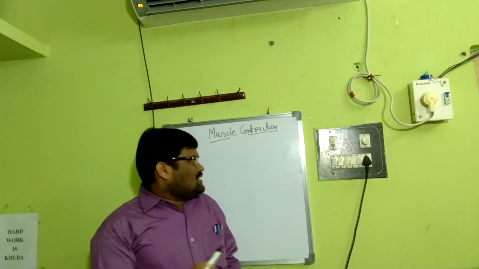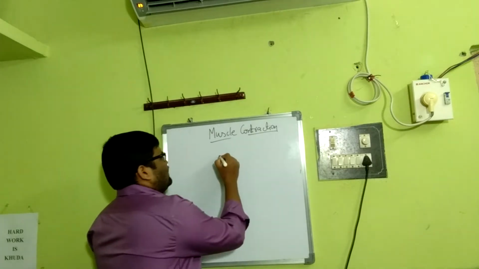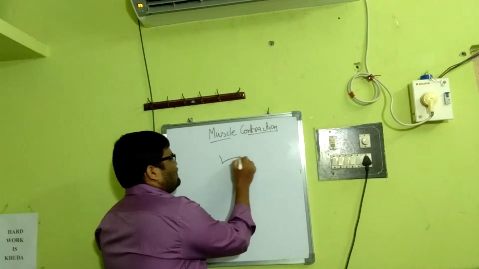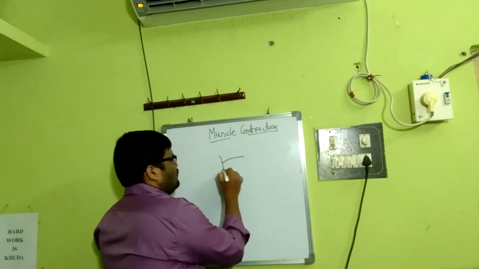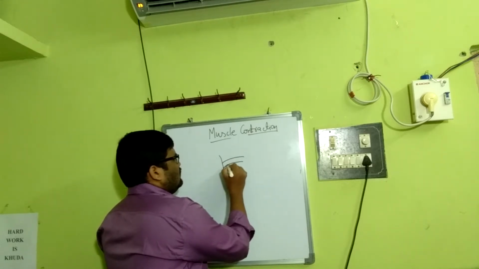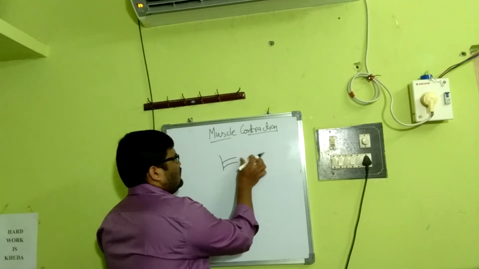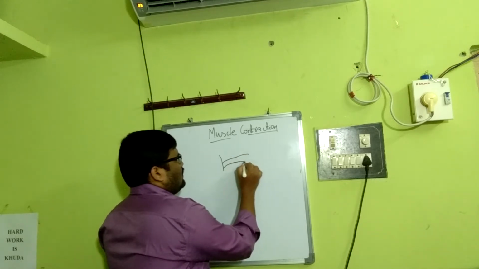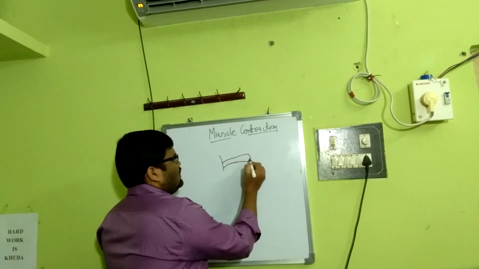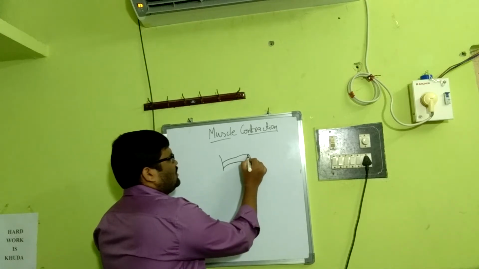Okay, just take a particular example, say this skeletal muscle. A rough sketch of this skeletal muscle. Different components are there, which we have already discussed.